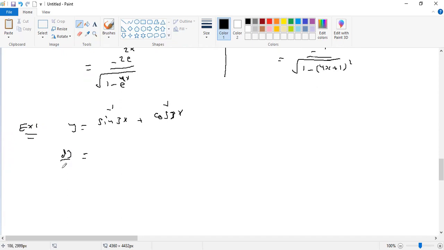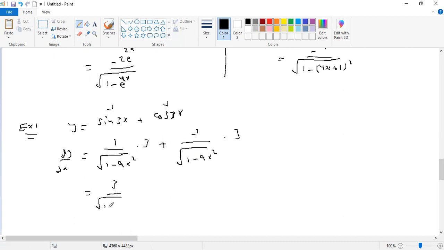The derivative dy dx is 1 over the square root of 1 minus 9x squared times the derivative of 3x, which is 3, plus for the cosine inverse, negative 1 over the square root of 1 minus 9x squared, multiplied by 3. If you look here, this one is 3 over the radical and this one is minus 3 over the same radical, so it will be 0. The answer is 0.